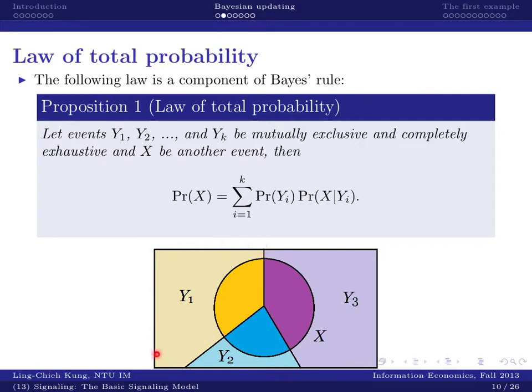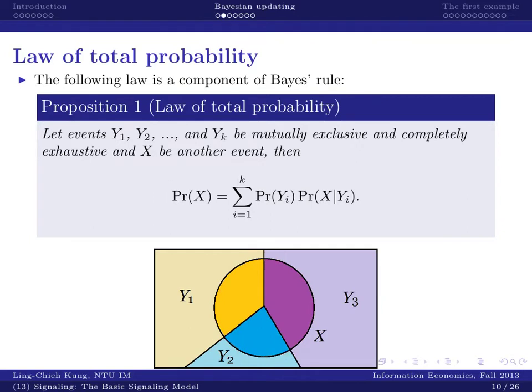I know the probability for y1 to occur, and I know, given that y1 has occurred, the probability for x to occur. So the product of these two is this piece. And what I want to do in the law of total probability is to sum them up.